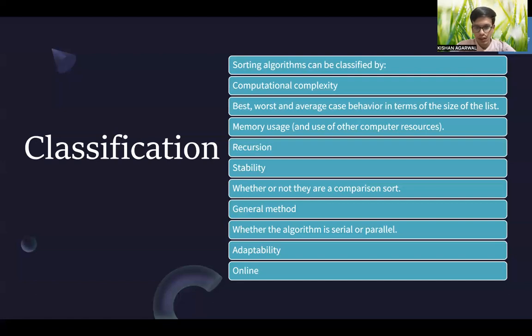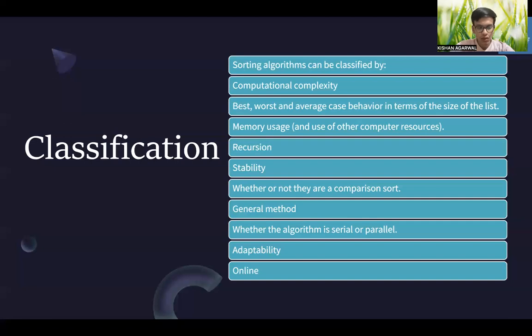Next is whether or not they are comparison sorts. A comparison sort examines the data only by comparing two elements with a comparison operator. Next is the general method. General methods are insertion, exchange, selection, merging, etc. Exchange sorts include bubble sort and quick sort.